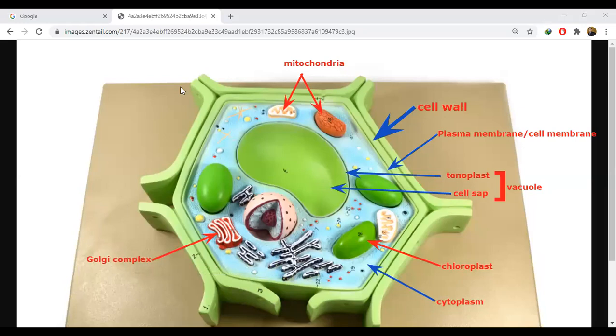Similarly, the brain of the cell. Now labeling the brain of the cell. This is the brain of the cell. It is the nucleus of the cell. Do you have nucleus in your diagram?